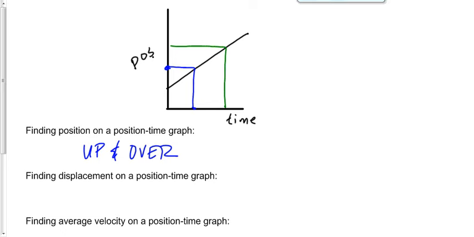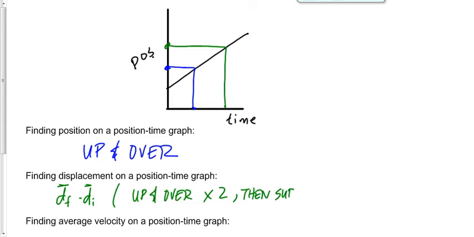Go up and over twice, and then subtract them. Let's say the displacement is df minus di, the final position minus the initial position, which is really just up and over twice, then subtract. Up and over, subtract the two. That gives you displacement.